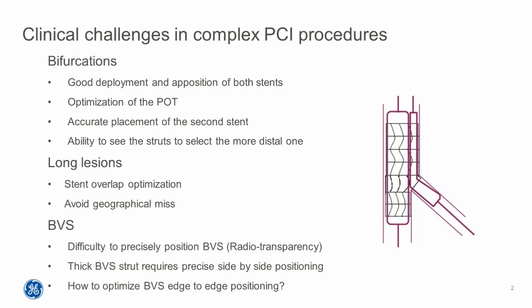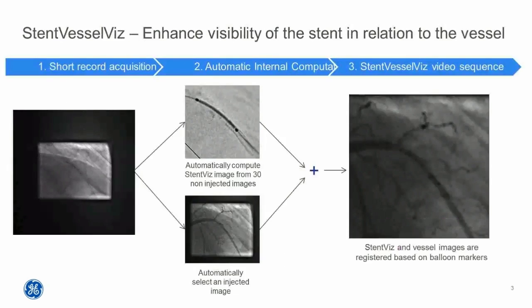And the BVS is also challenging. BVS are radiotransparent scaffolding. So to put these kinds of devices in the coronary arteries is complex, especially when we use more than one BVS.